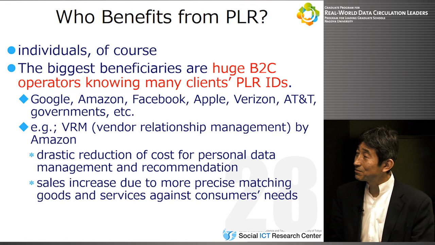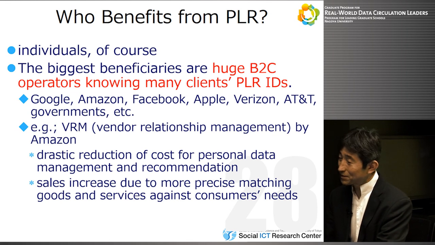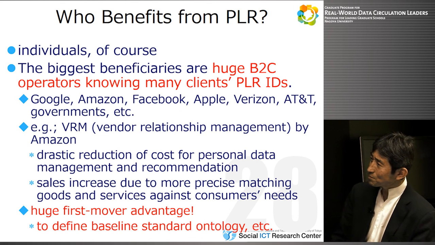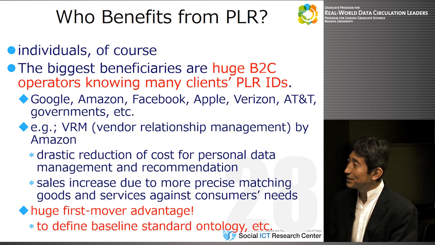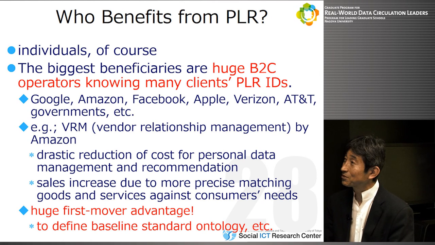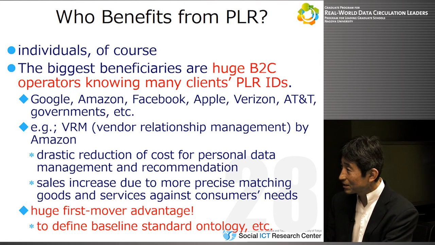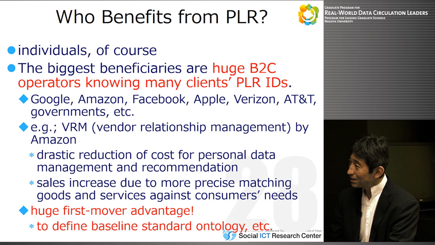So Amazon may be willing to enter this new world of personal data circulation. There is a huge advantage not just for Google and Amazon, but for many other firms and vendors, and governments as well.